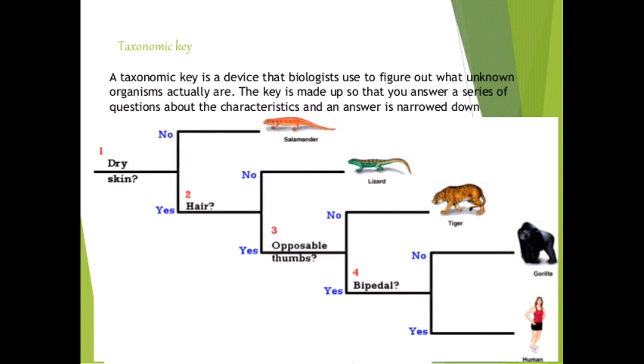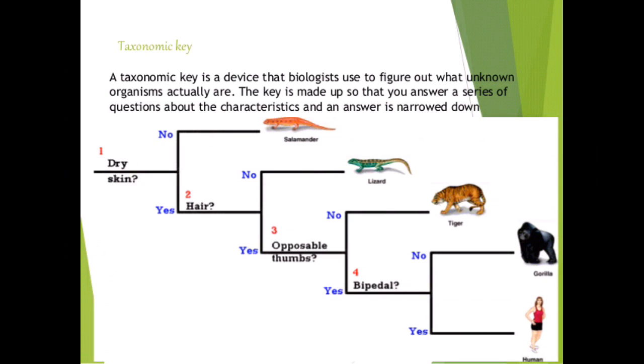For example, dry skin. Suppose in animals there may be two possibilities of the skin, that may be dry or wet. If it is no, then suppose it is a salamander, an amphibian. If it is yes, then we check for hair.